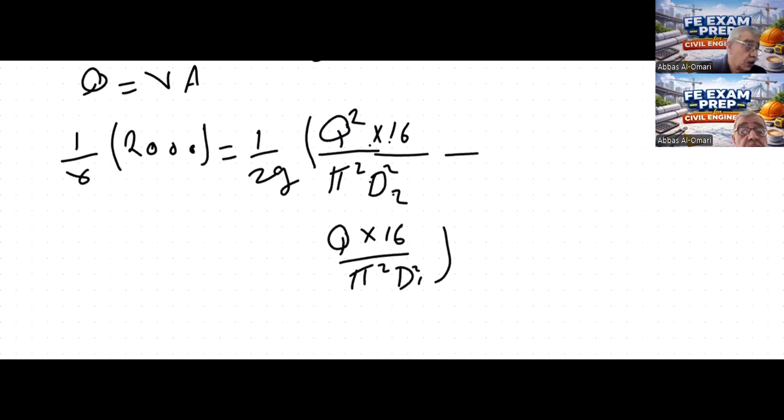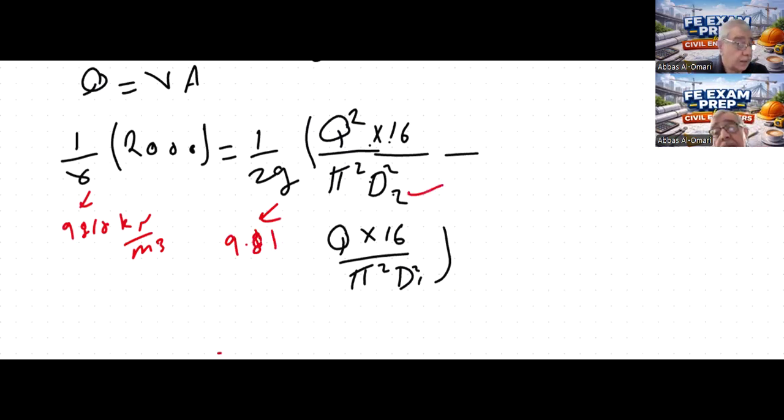Now in this equation, we know gamma. Gamma for water is 9810 newton per meter cube, and G is 9.81. D1 is 0.2 meter and D2 is 0.1 meter.